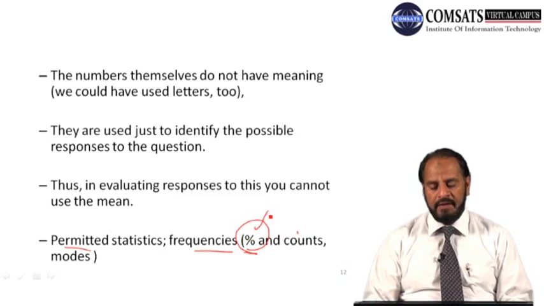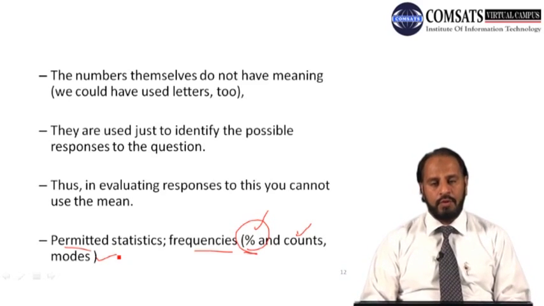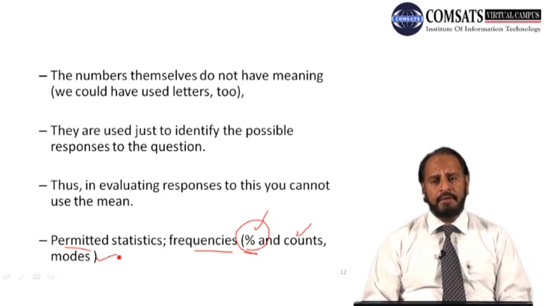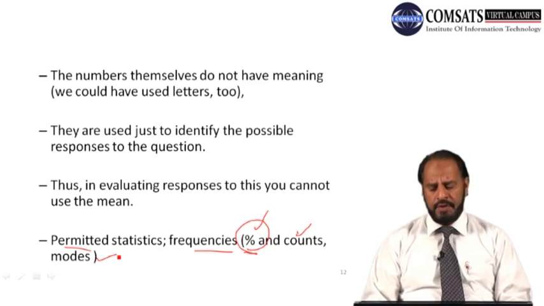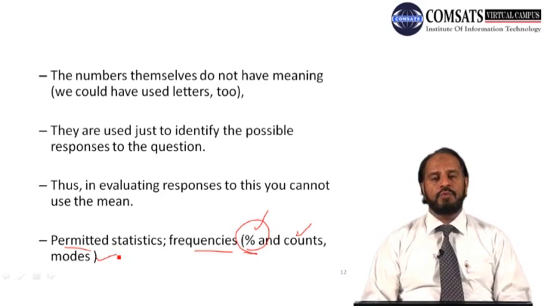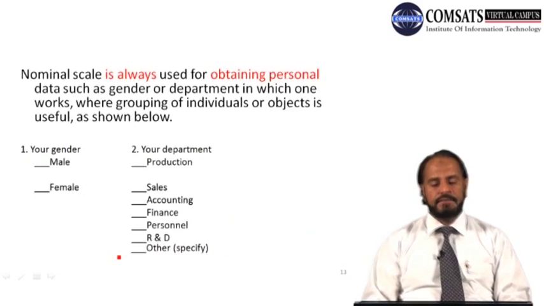So we can calculate the percentages, we can count them, or we can find the mode of the respondents for that particular question. This is the kind of statistic you can run under a nominal scale, because at the end of the day, we want to see where our respondents' views lie after posing certain questions to them, and then do some kind of analysis on that.